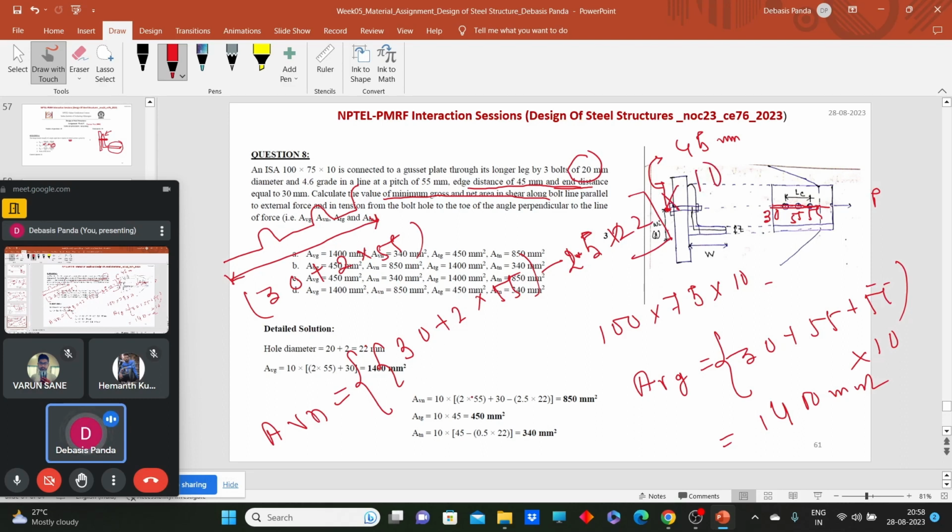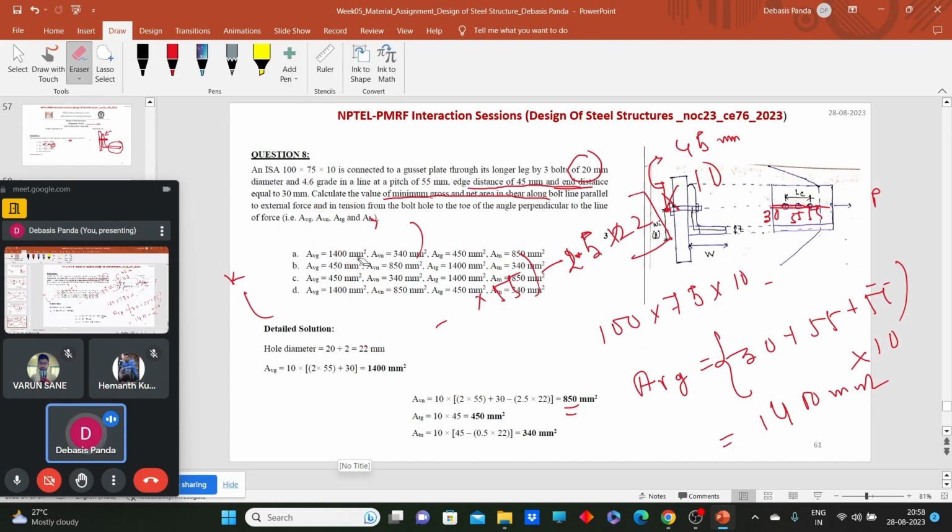So this comes out as 850 mm square. So AVG, the gross cross-sectional area along the shear plane, comes as 1400 and the net cross-sectional area along the shear plane comes as 850.